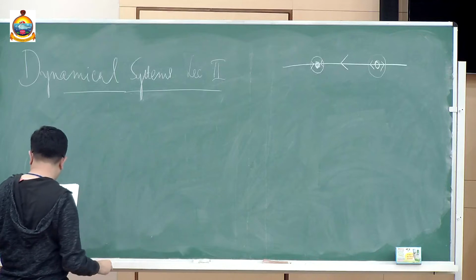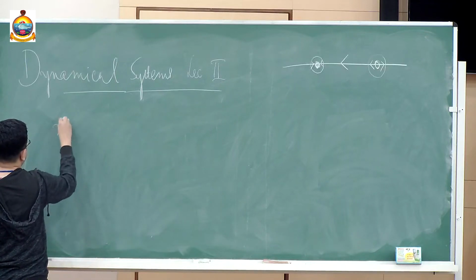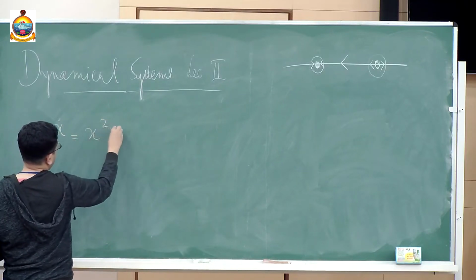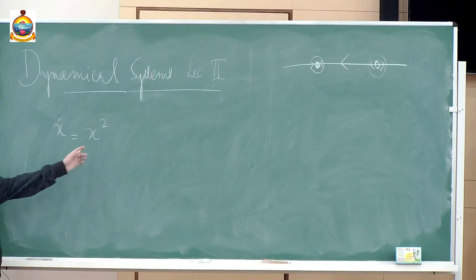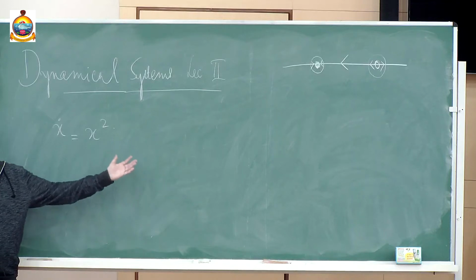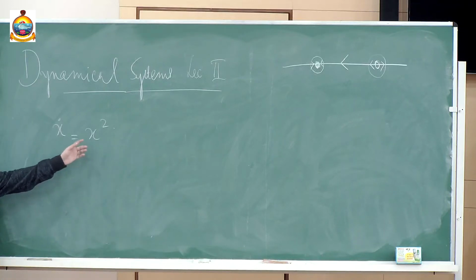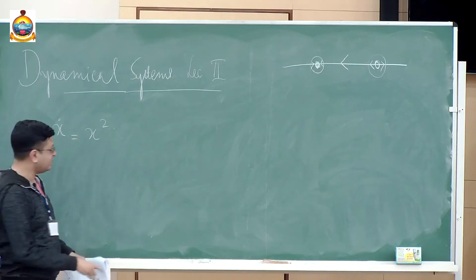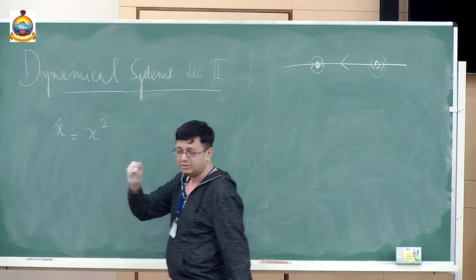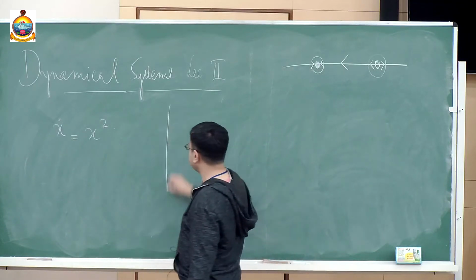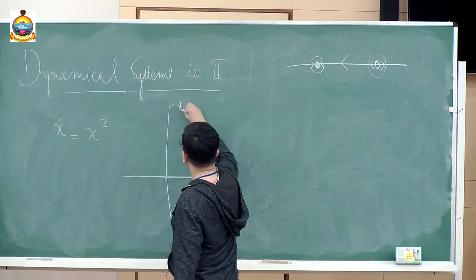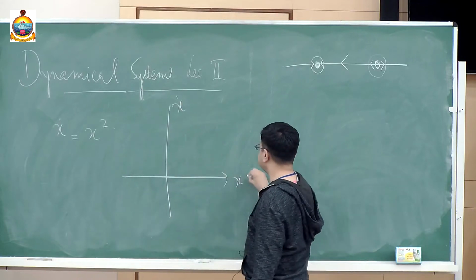So one example is x dot is equal to x square. Here also linearization is not going to work, because if you do a Taylor expansion, there is no linear term, right? This is already quadratic. So again x equal to 0 is a fixed point. So let me then again draw this x dot as a function of x.